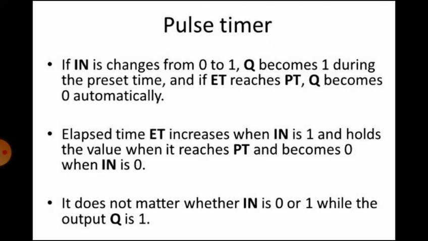Elapsed time ET increases when IN is 1 and holds the value when it reaches PT, that is the preset time, and becomes 0 when input is 0, meaning 0 is off. It does not matter whether input is 0 or 1 while the output Q is 1.